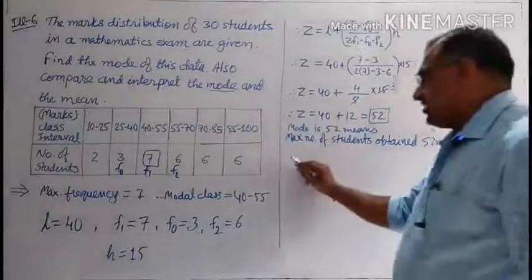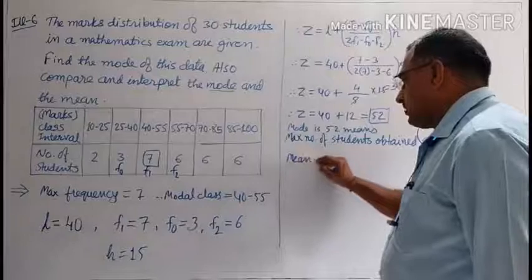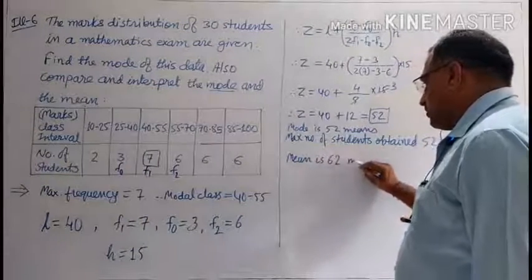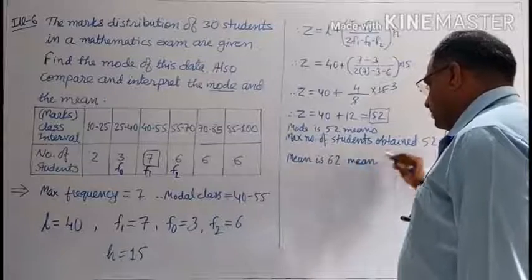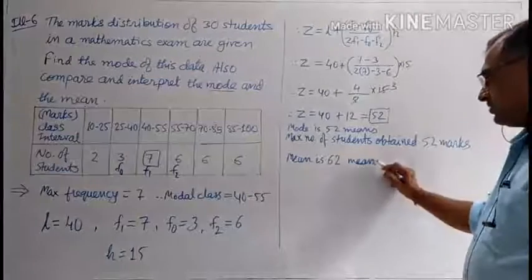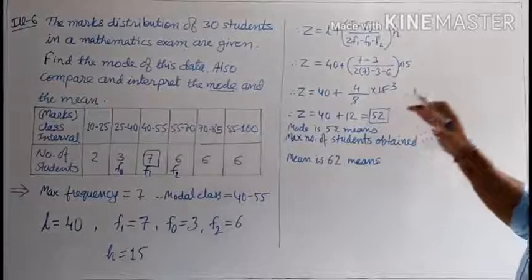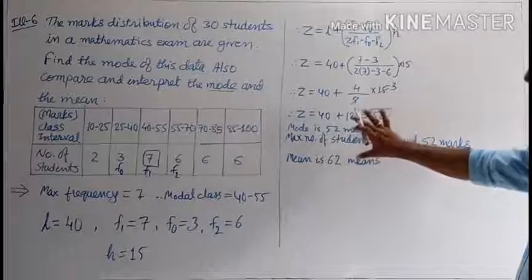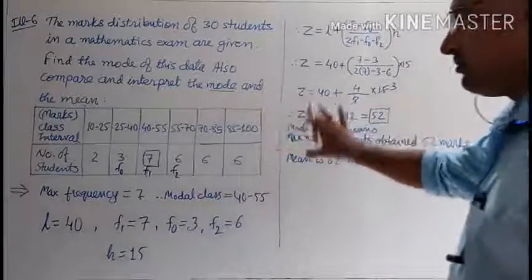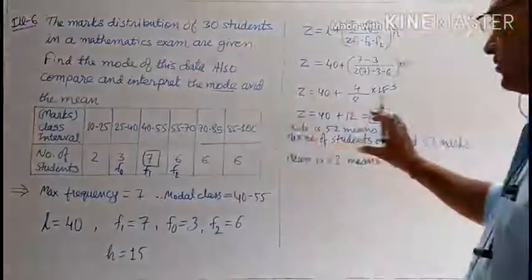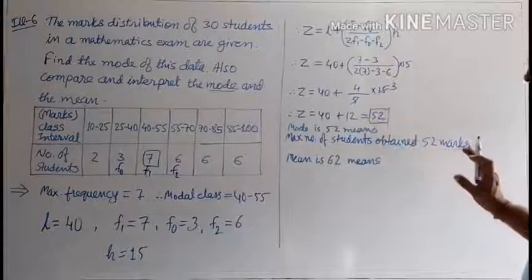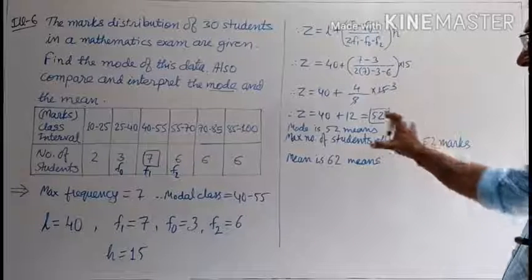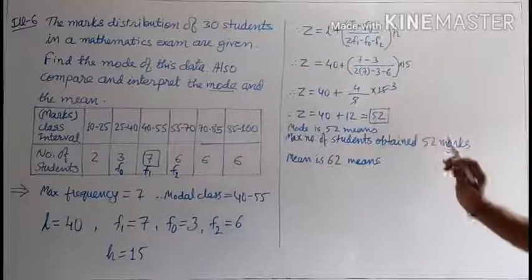At the same time, for the same data, the mean we calculated in the first illustration is 62. So what do we mean by mean? Mean means average. Here the maximum number of students obtained 52 marks. Other students either got less than that or more than that, but most are at this or nearby.